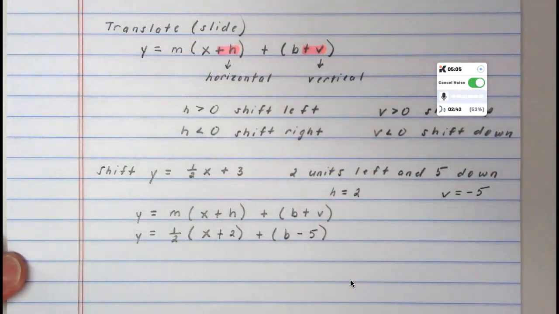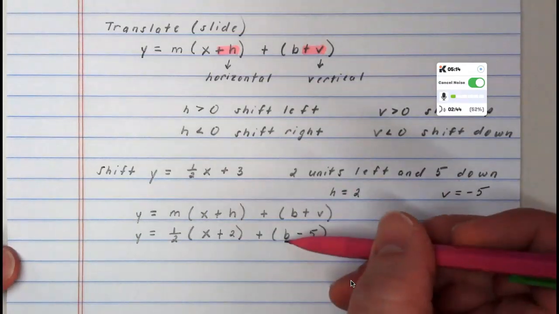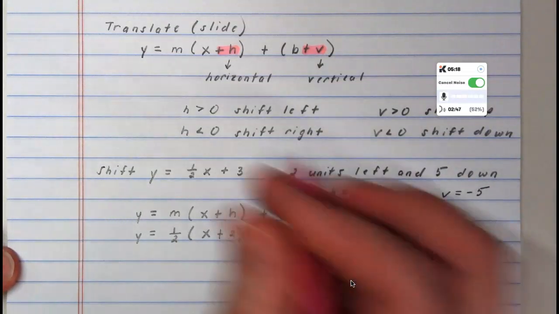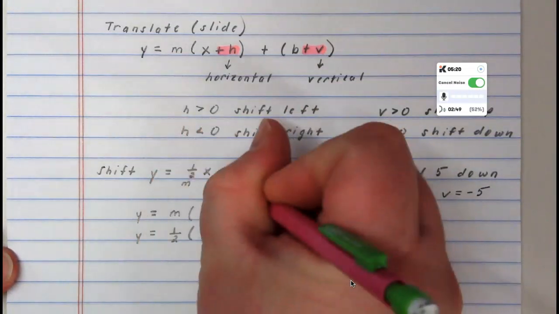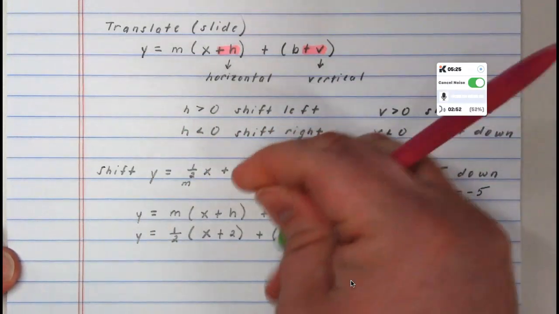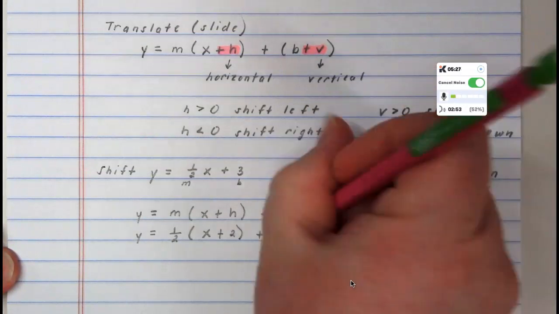So b minus 5. Now, keep in mind, the b value is the original y-intercept. So this was our m, this was our b. So we can actually replace the b here with the 3. Could have done that right away.